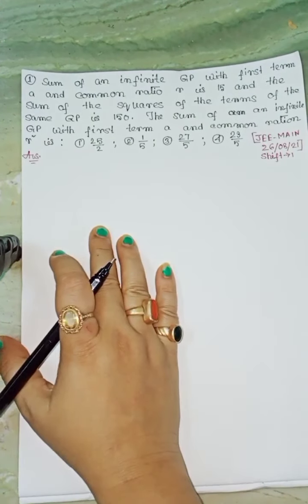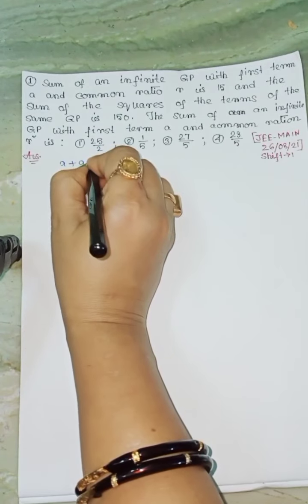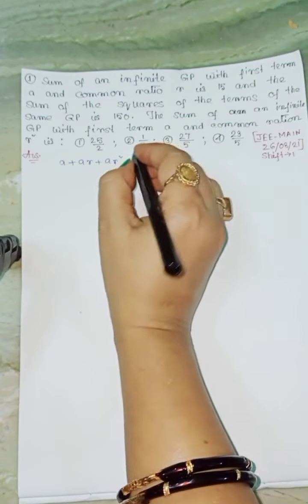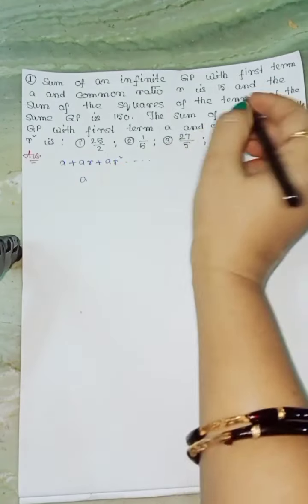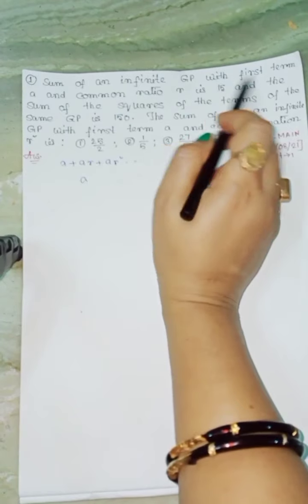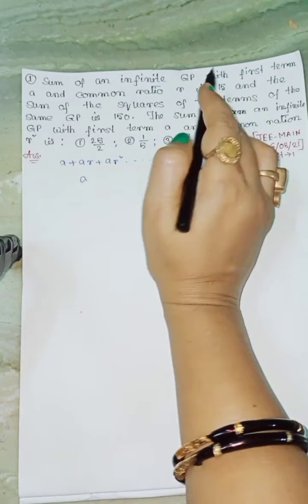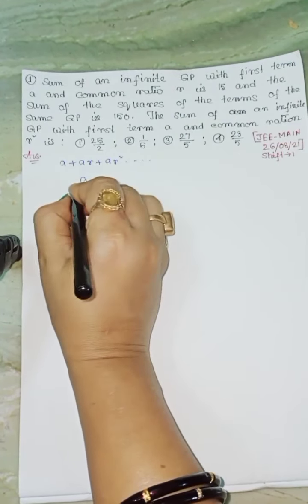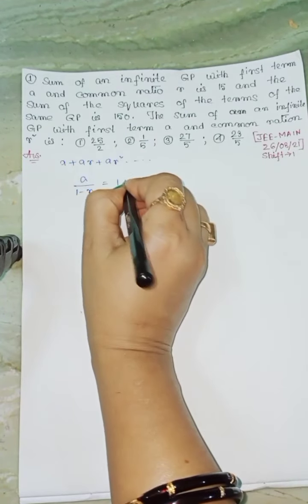So let's suppose the GP is A plus AR plus AR square plus and so on, and its sum is given as 15, with first term A and common ratio R. So A by 1 minus R, the sum of this GP, is equal to 15.